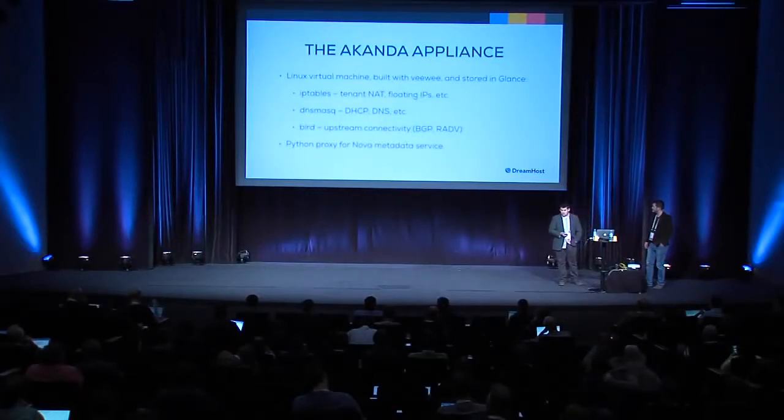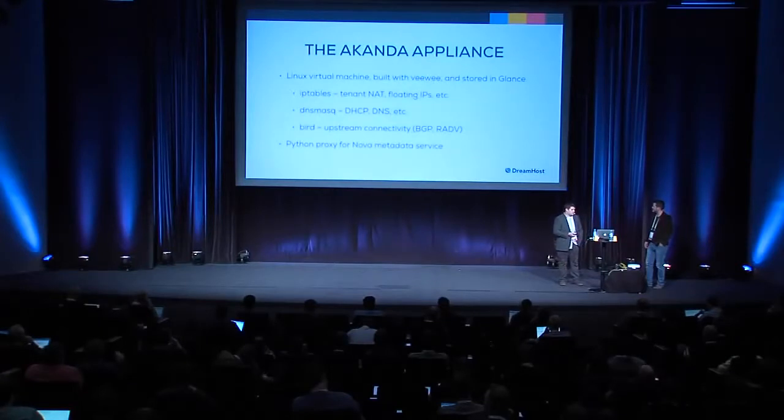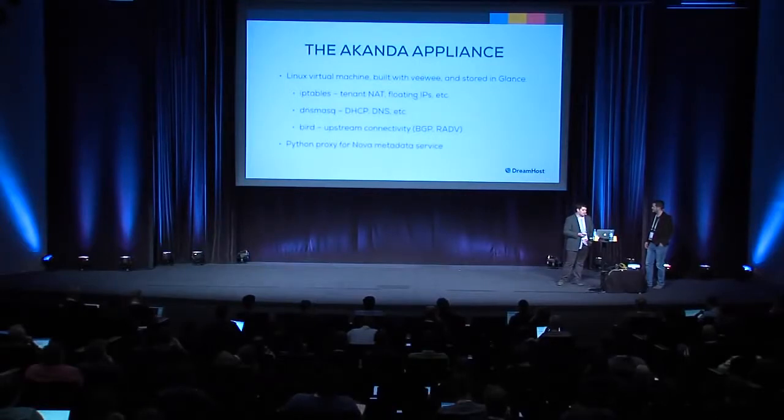Anytime somebody goes into a Neutron subnet and sets up static routes or custom DNS servers, that's all managed by DNS mask. John mentioned v6 support for all of the instances in a tenant network. So we do upstream routing and address advertisement with bird. We use BGP and RADV.